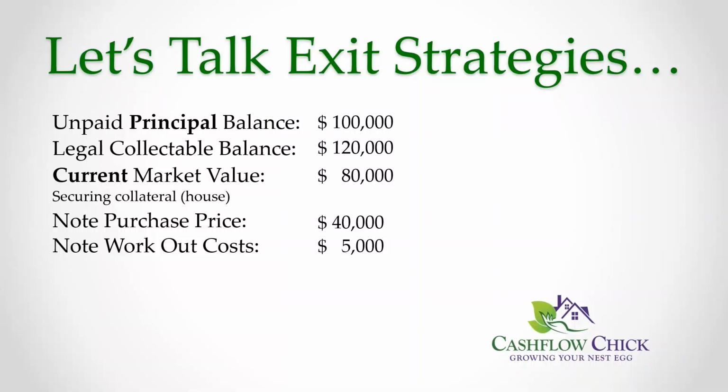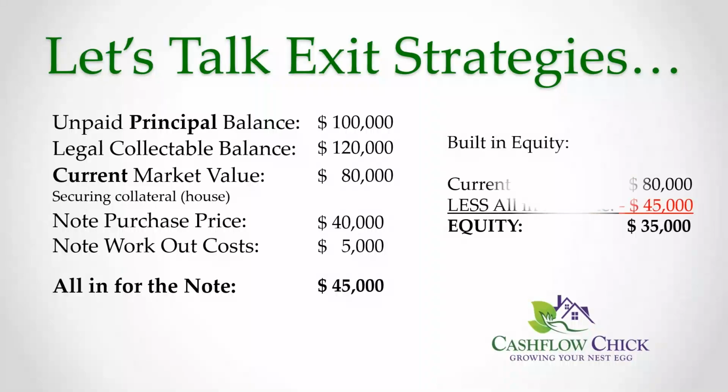It depends on the state, and I don't have time to go over that in detail, but they're a lot less expensive. So your all-in for this note is $45,000. Now, again, you have built-in equity because remember, the current market value of this property is $80,000, less your all-in, so you're sitting at purchase in equity of $35,000.